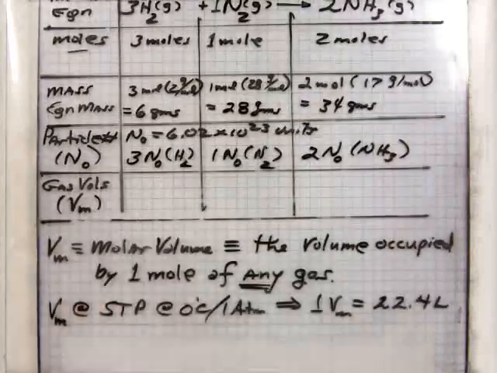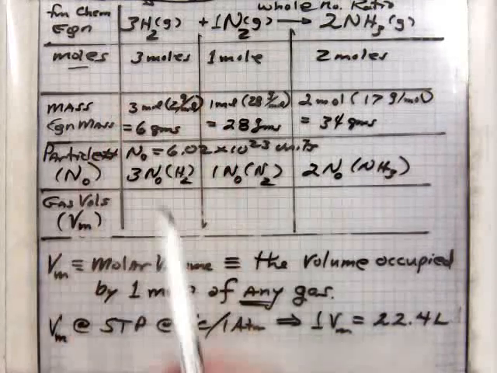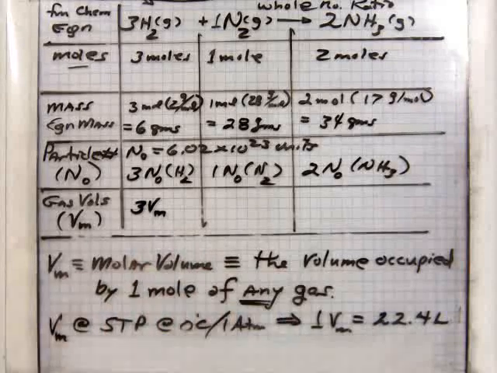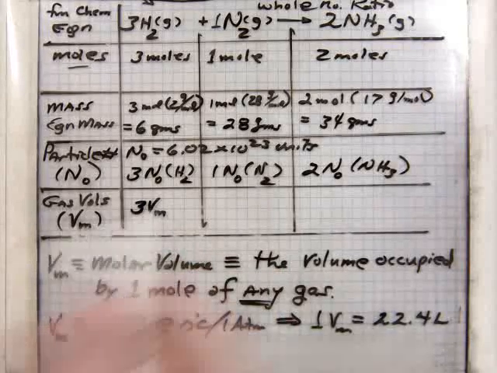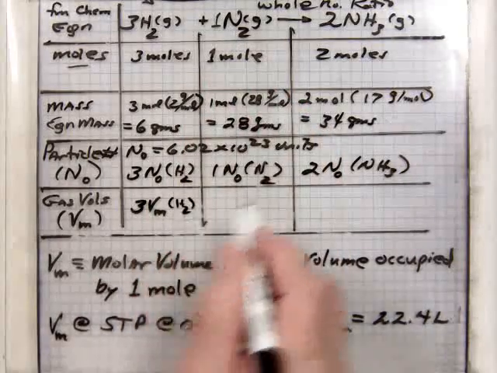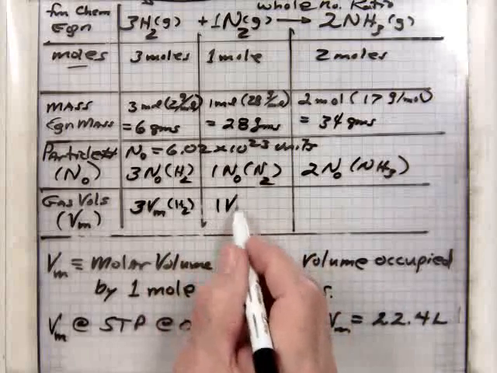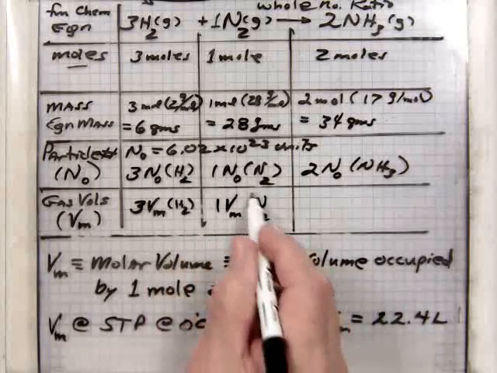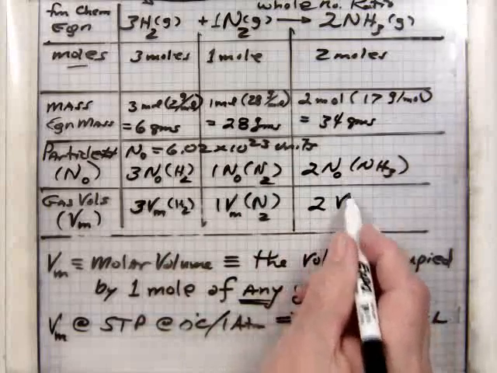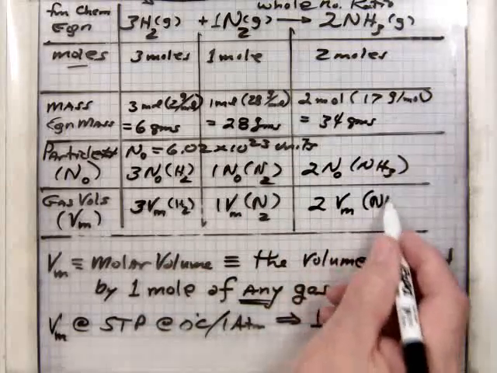So when you look at this equation here, we're looking at 3 molar volumes. Now, under standard conditions, yeah, that would be 3 times 22.4. 1 molar volume, well, let me put the H2 in here. This is 1 molar volume of molecular nitrogen and 2 VM of molecular ammonia.